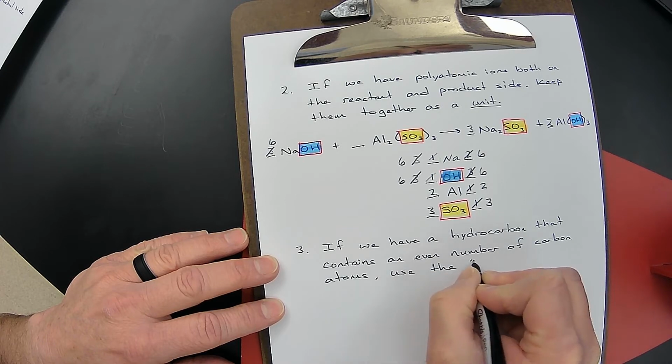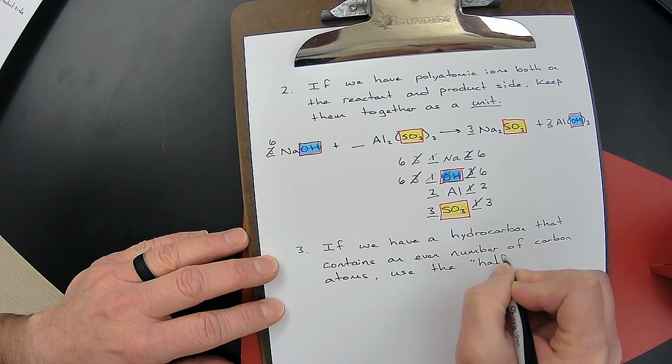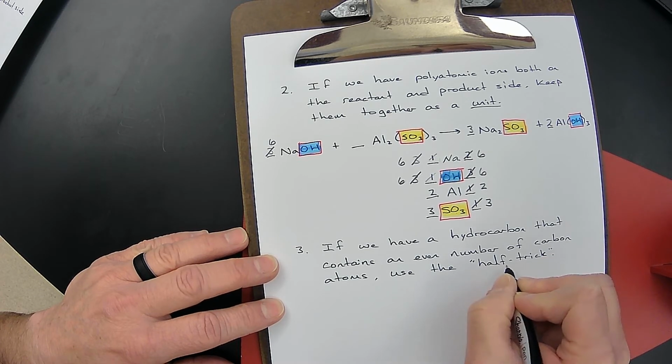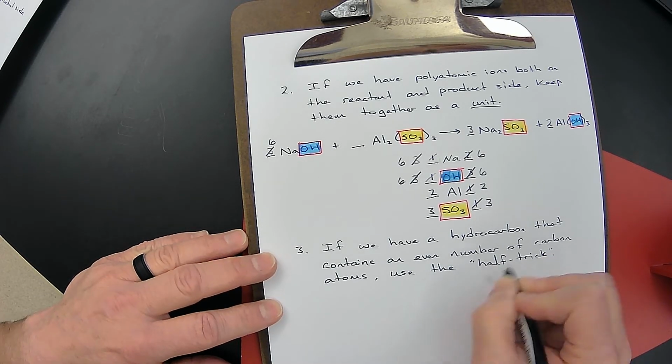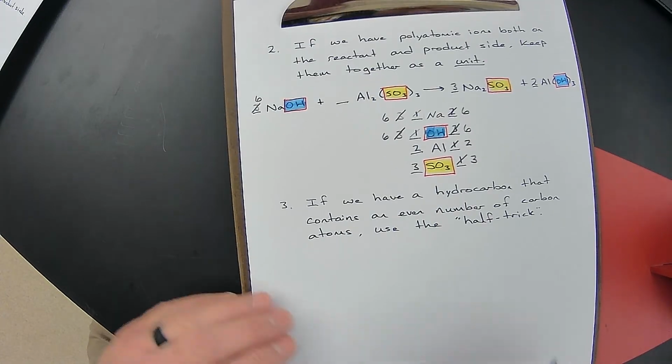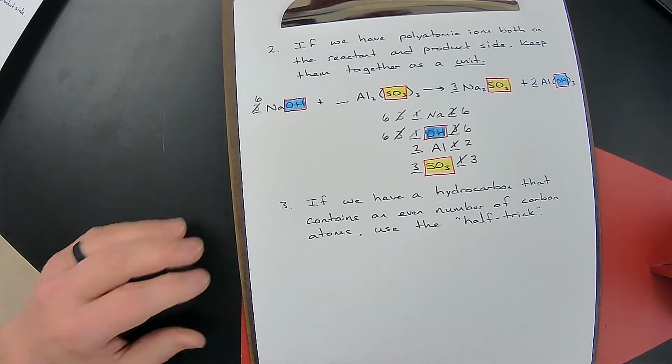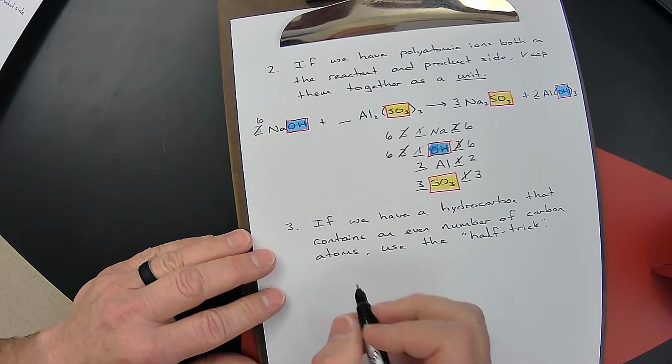Use the half trick. In soccer and other sports, we have what's called a hat trick. If you get 3 goals in a game, we call it a hat trick. This is called a half trick. And I'd like to show you what that is going to look like.